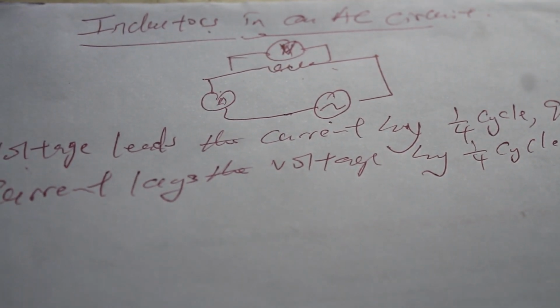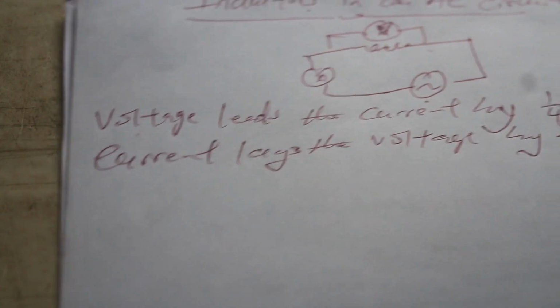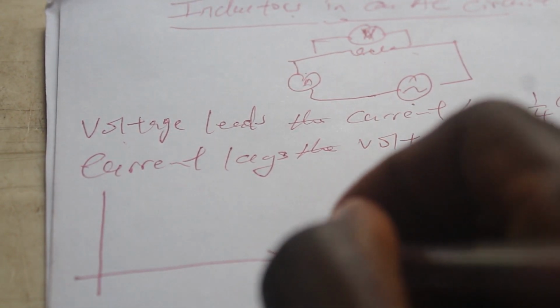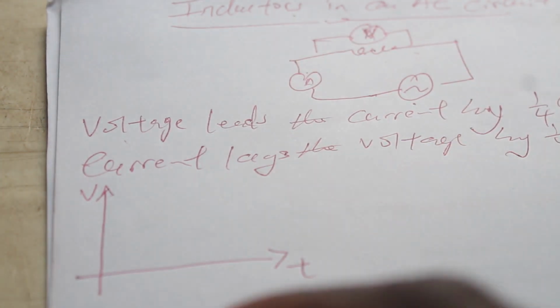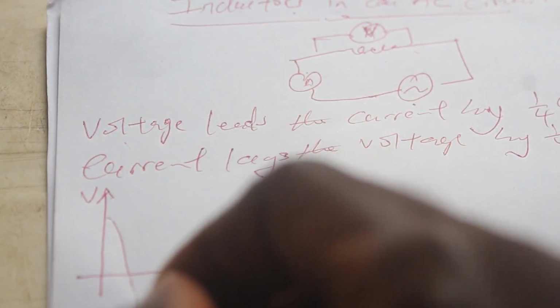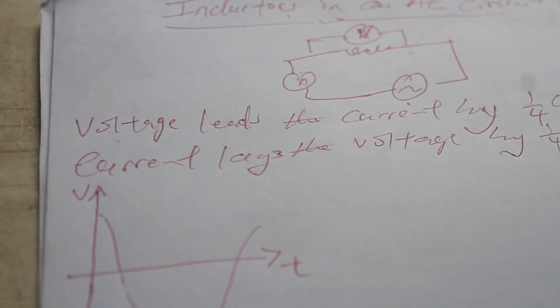You see, so if you plot on a graph the instantaneous voltage with time in an AC circuit, you'd see that it leads the current in this way.